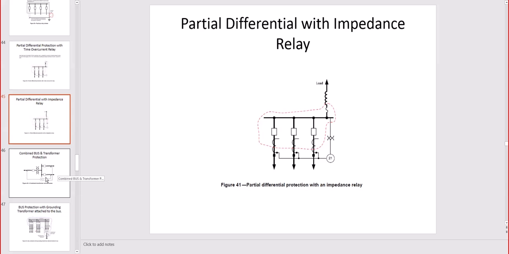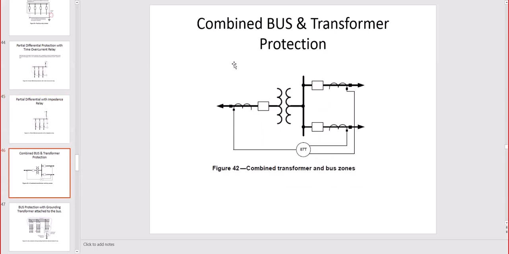So that's a distance relay in a nutshell. MHO relay, you can call it. There are other subtypes, but this is a MHO because homopolar is what is using the impedance.